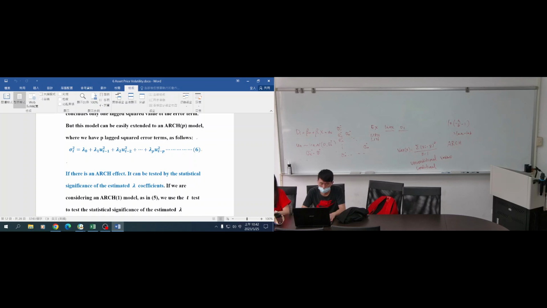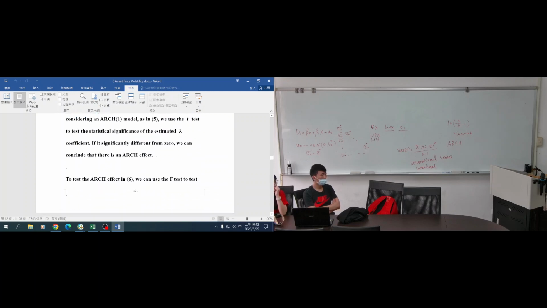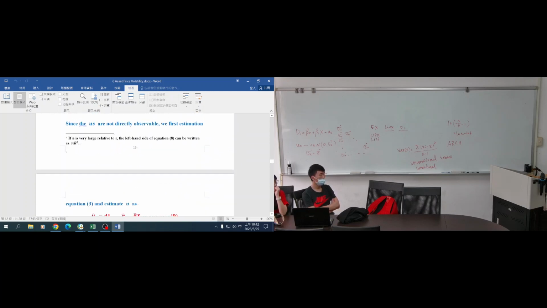If we test for one, we can just use the t statistic. If we are going to test all of them, we need to use the F statistic. I think all of you understand this.